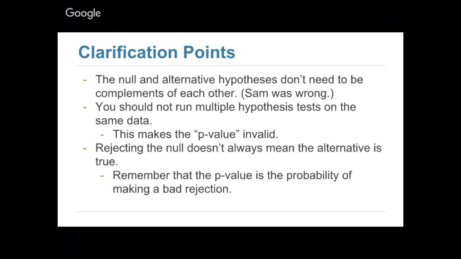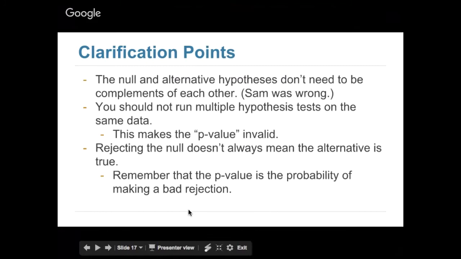That means that if I actually come from the class, there's a 4% chance of picking my coolness. So even though in that case I would reject the null and say it looks like I did not come from the class, there is still a 4% chance that I came from the class, because there are some people here that raised their hand with 85 coolness or higher. So the p-value is a probability of making a bad rejection, which means that there is always some uncertainty when you're making a hypothesis test.